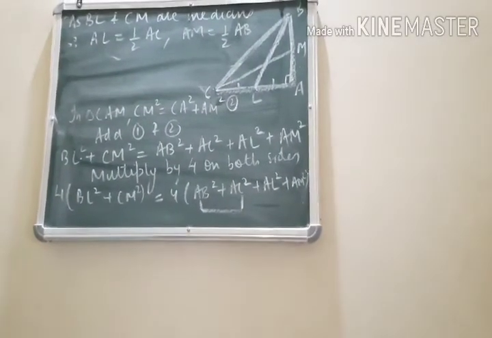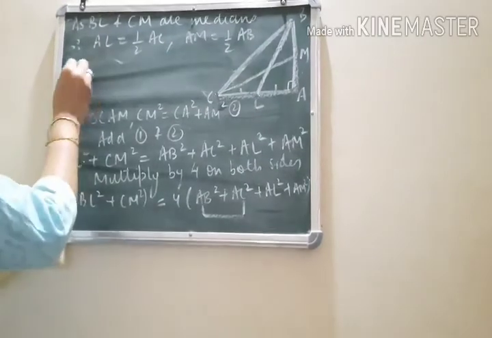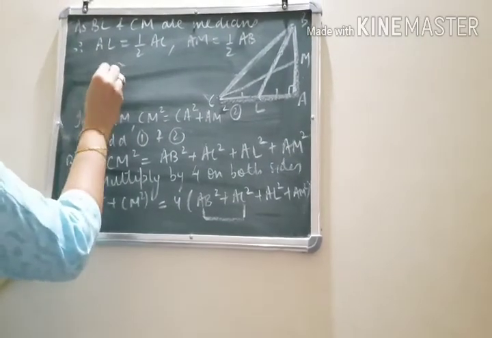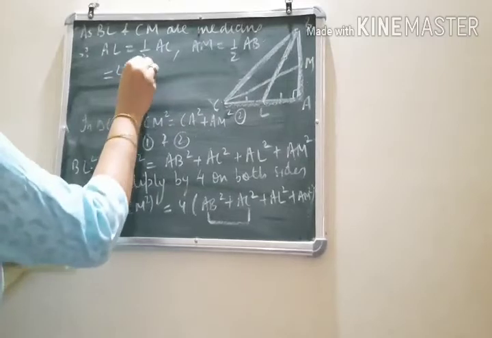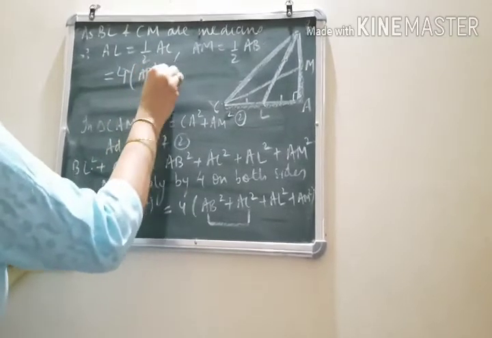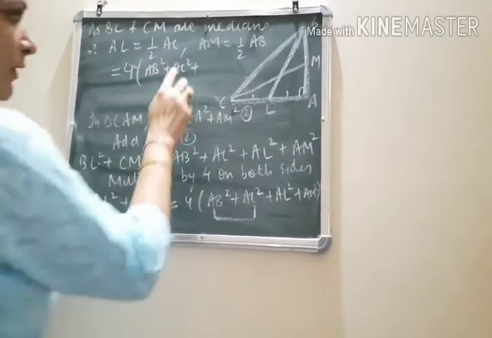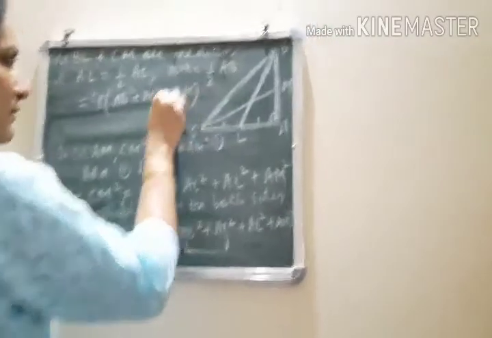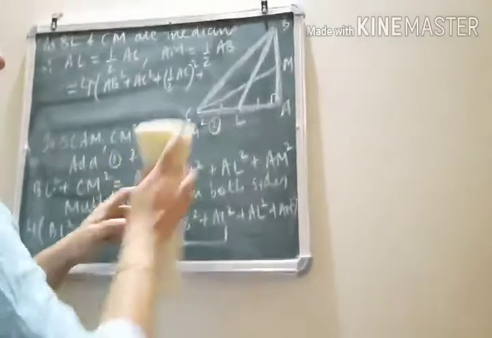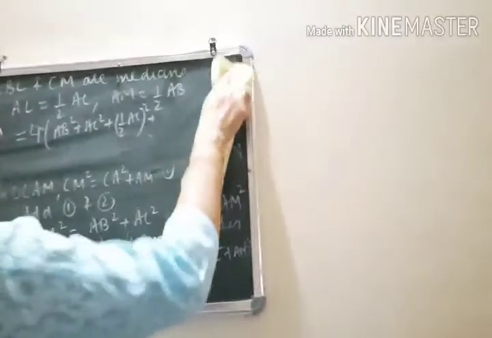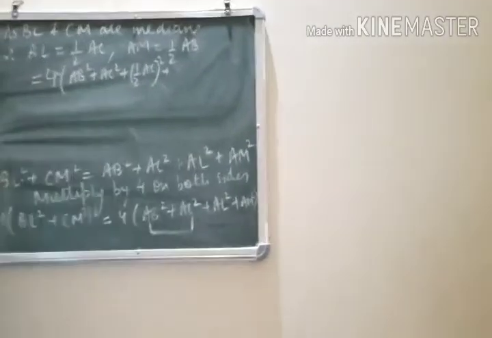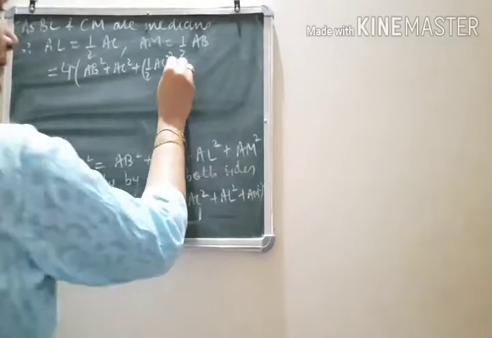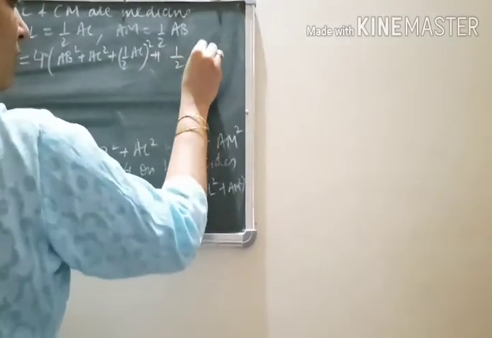Okay. So, as I am writing, you can write 4 times AB square plus AC square plus, when you write half AC and square it, I am rubbing the figure now. So it will be plus half AB whole square.